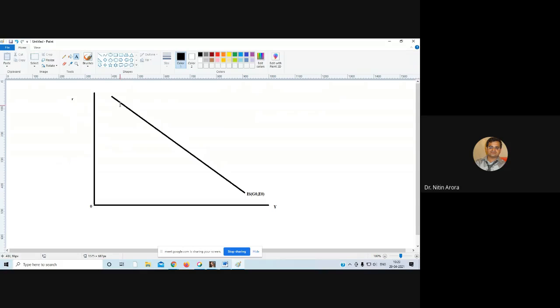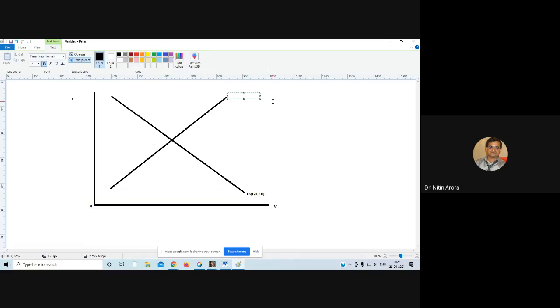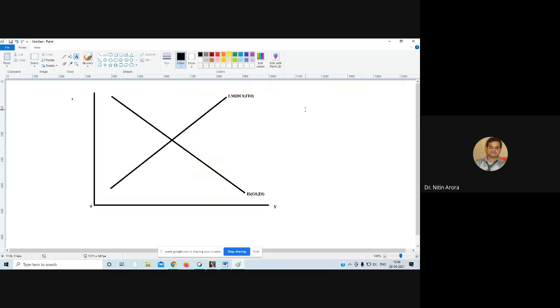The LM curve in an open economy is a positively sloping LM curve, derived for given domestic credit DC naught and foreign exchange assets FE naught. Earlier, in closed economy, LM was derived from money supply M that contains only domestic credits, but now LM curve is derived for two given components of money supply, that is domestic credits and foreign exchange assets.